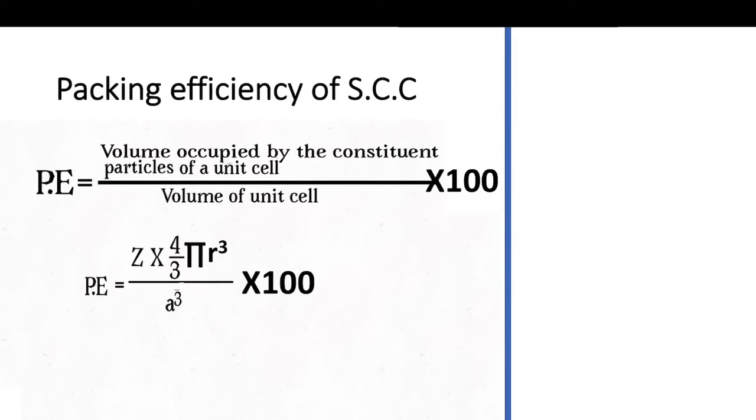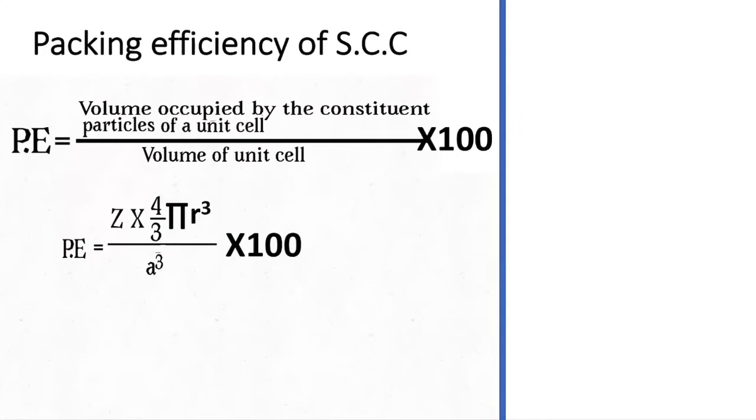So let's solve it. Z is equal to 1 because it's a simple cubic cell. So packing efficiency is equal to 1 into 4 by 3 pi r cube by a cube, into 100.